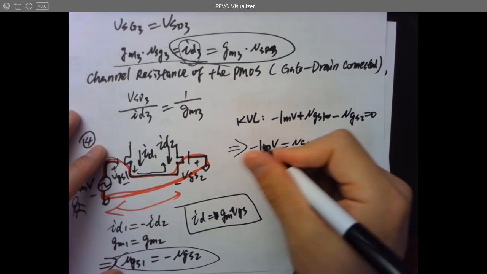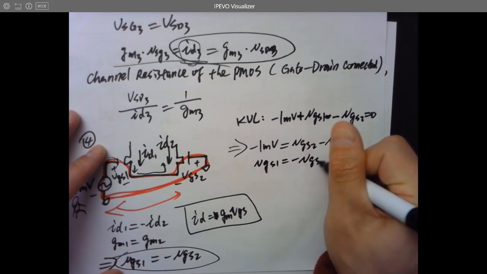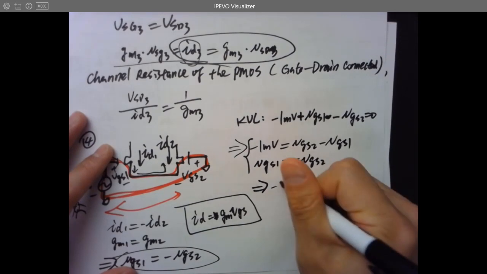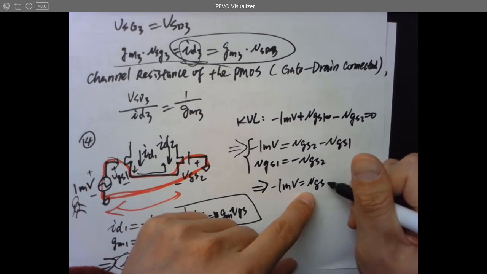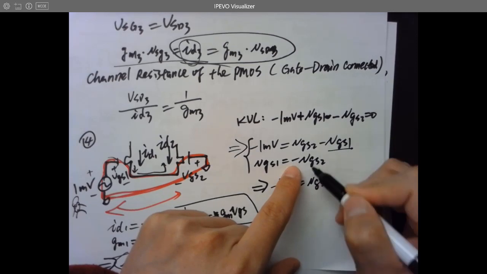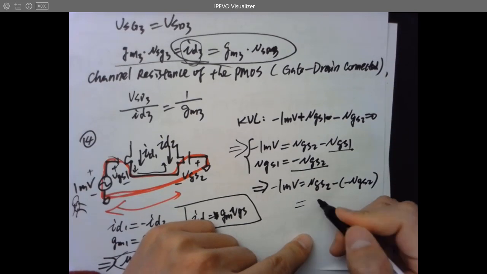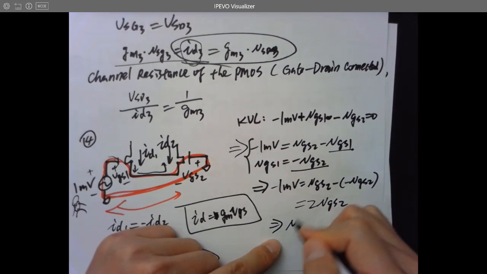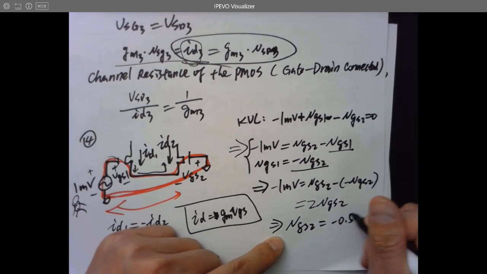Combine with the previous result, minus 1 millivolt equals VGS2 minus VGS1, which is minus VGS2, which is 2 VGS2. And further, VGS2 equals to minus 0.5 millivolts.